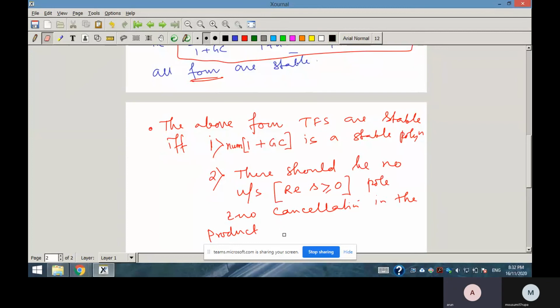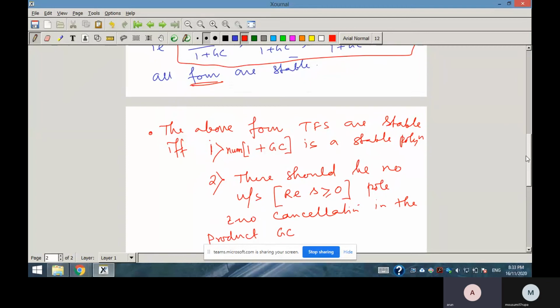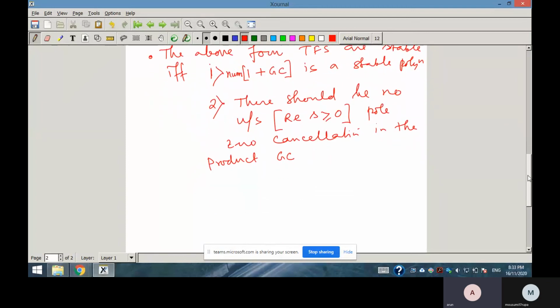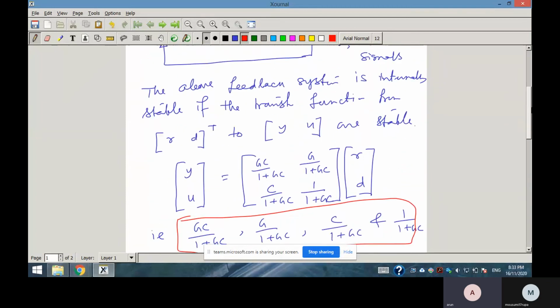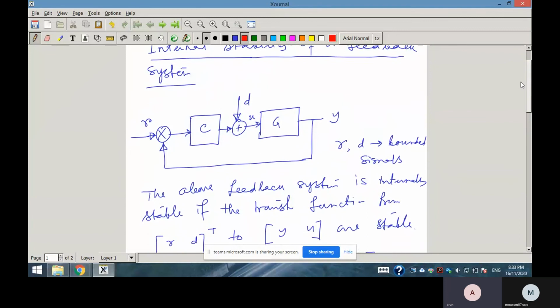Unstable means real part of s greater than or equal to 0. This is a very important relation. When you design a controller, there should be no unstable pole-zero cancellation between the controller and the plant. If there is, then your closed loop system will become unstable.